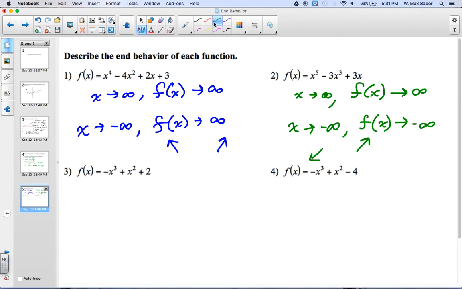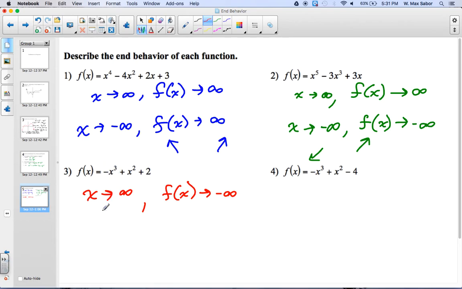Here we have a case where the coefficient is negative. So as x goes to infinity, because this term will become the most important term, it'll become closer and closer to negative infinity. So as x increases, f of x decreases because of that negative coefficient.